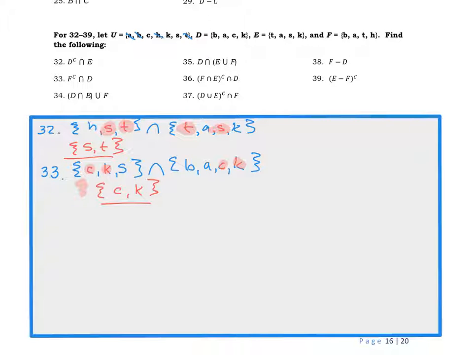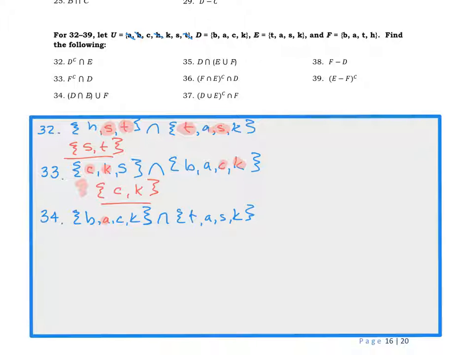Okay, number 34. We want the intersection of D and E and then union F. So D has elements B, A, C, K. And E has elements T, A, S, K. All right, what do they have in common?